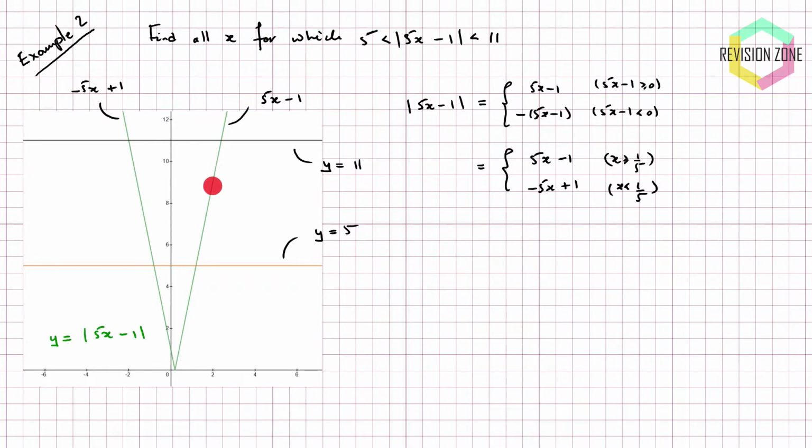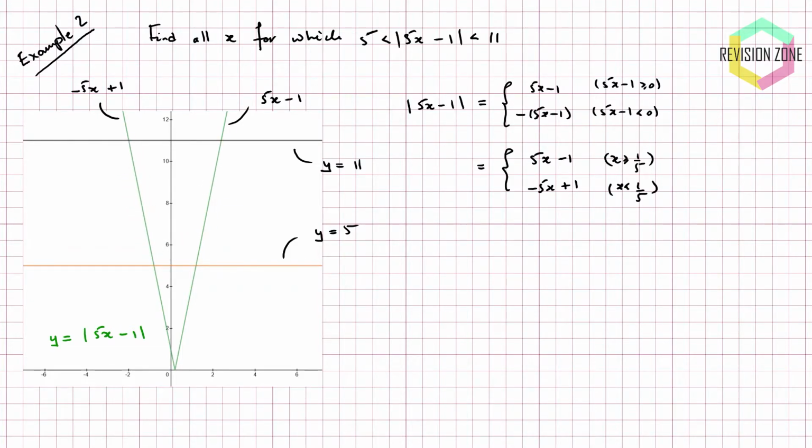Obviously, the green graph is the graph of our modulus function, and then this graph here is the line y equals 11, and this graph here is the line y equals 5. Given that the inequality asks us to find values of x for which the modulus function lies between 5 and 11, we can see from here it's going to be this region here, and that region there of our modulus function.